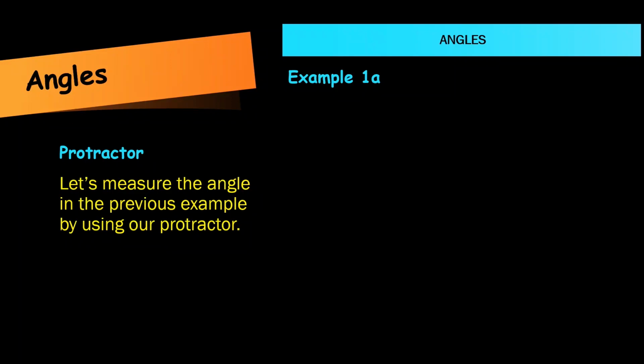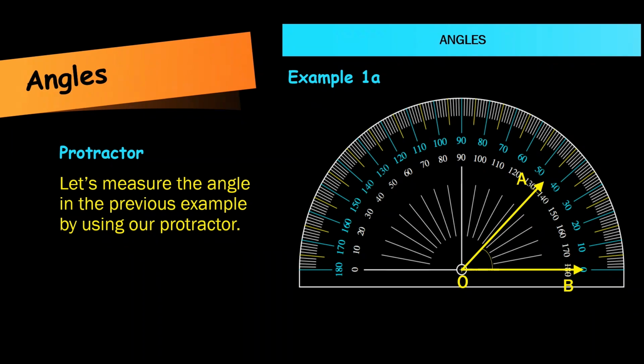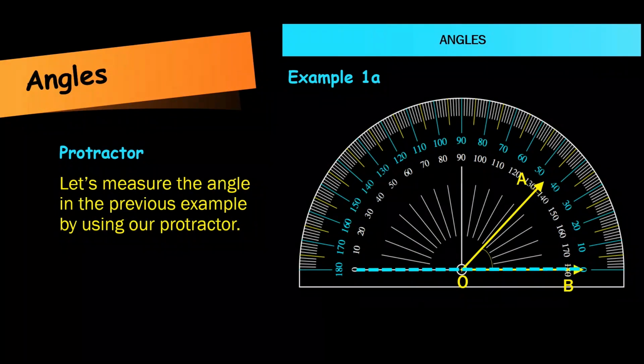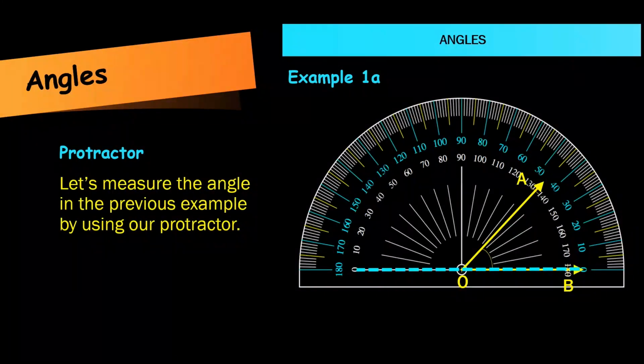Let's measure the angle in the previous example by using our protractor. Position the protractor so that its horizontal line is lined up with one of the rays, say OB of the angle, and the midpoint of the protractor is positioned at the vertex of the angle.